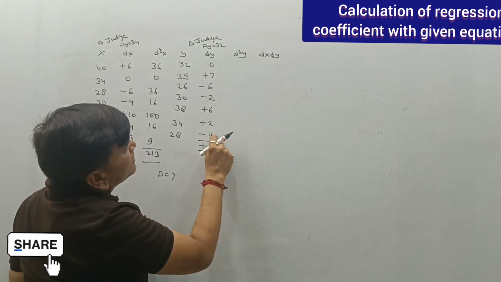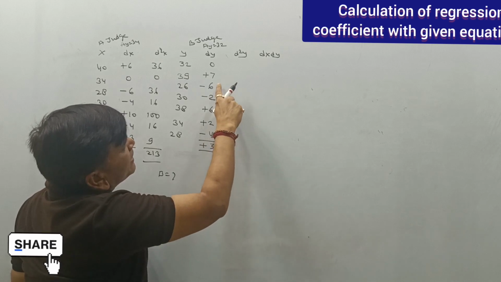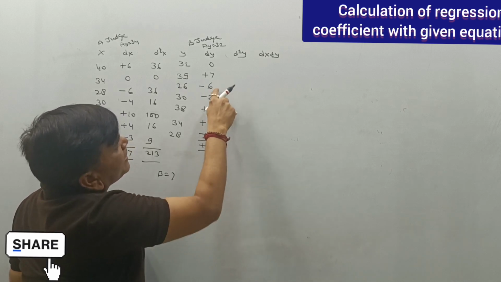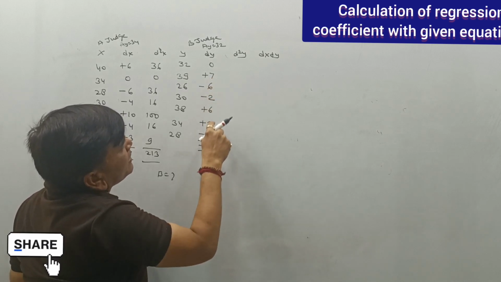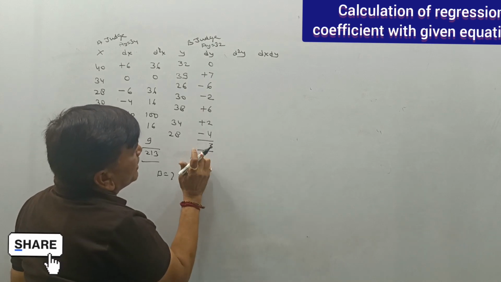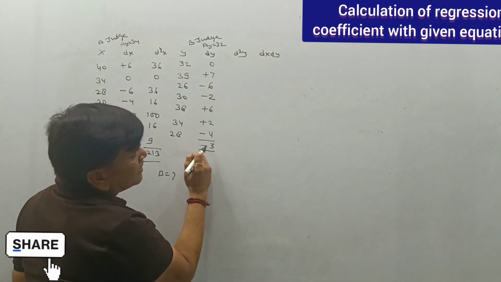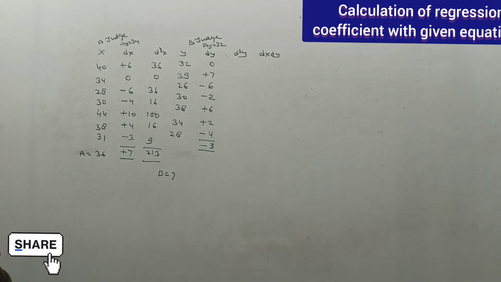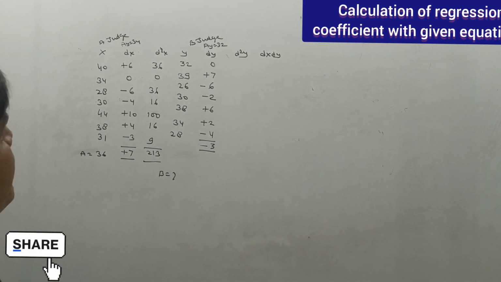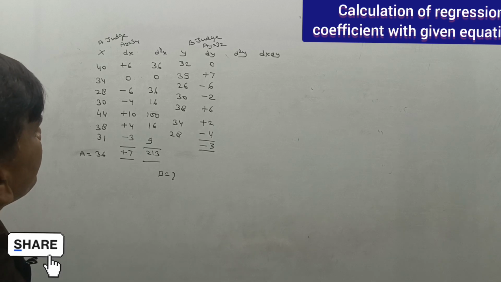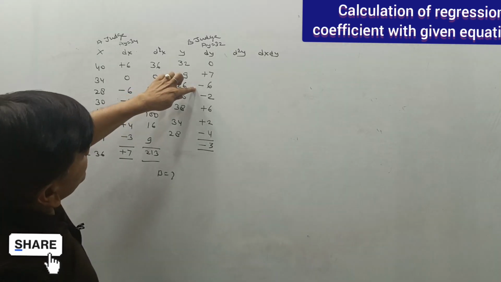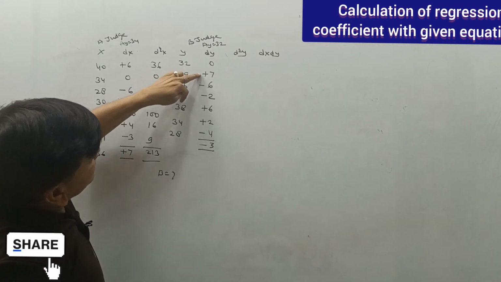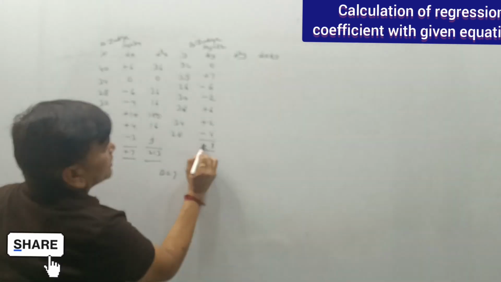Here 6 and 2, 8 and 8 cancel. 10 is minus, so minus 3 maybe, not plus 3. So we have the result plus 3. 6 and 6 cancel, 2 and 2 cancel, 7 minus 4, that is plus 3.